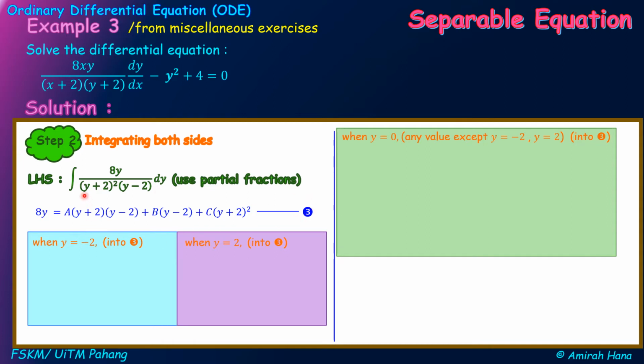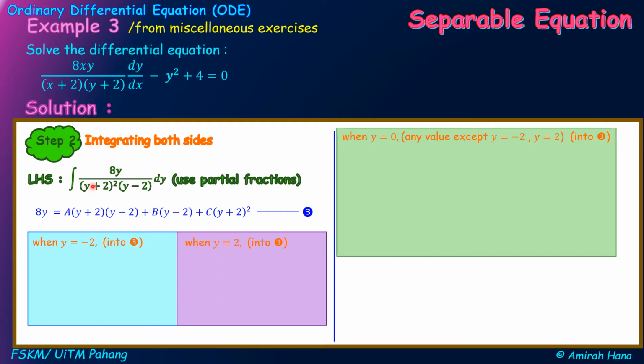Because when we equate the factor y plus 2 to 0, we get y equals negative 2. When the factor is 0, it is easy to find the values of the given constants. Okay, why do we choose y equals 2? Because when we equate y minus 2 to 0, we have y equals 2.